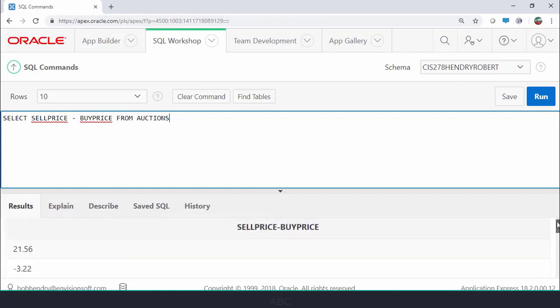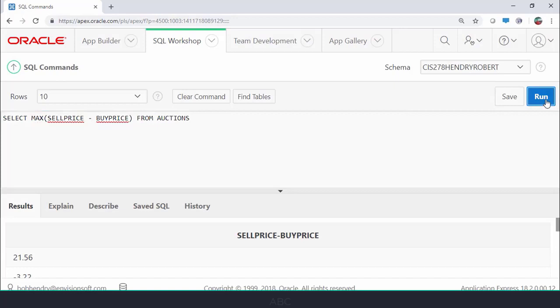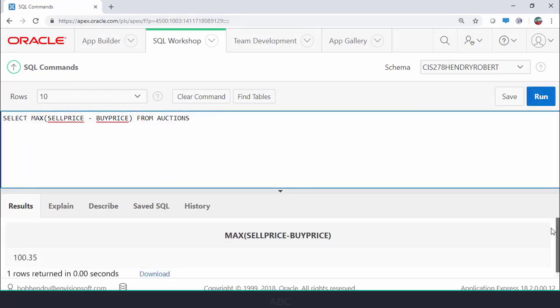So if I do select the max from this, I should get the largest number of that equation. Again, the maximum, the sell minus the buy. And I get 135, which doesn't make any sense. There's probably one I'm not seeing in here.